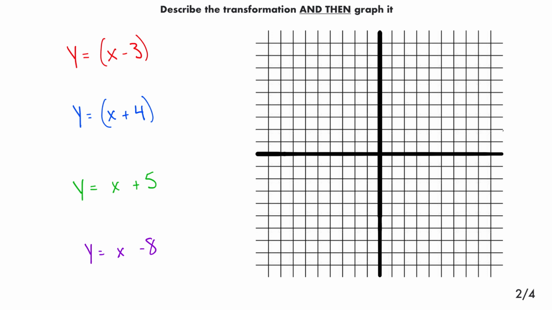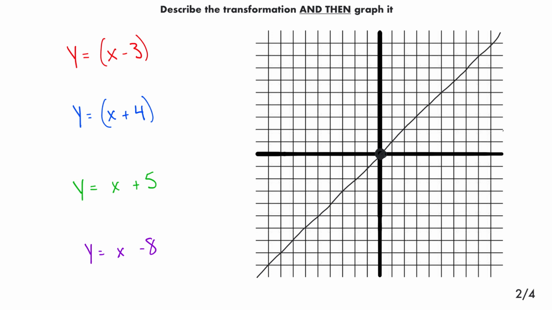All right, these are problems that we have seen already on the previous lesson. Now, before I describe them, I am first going to graph the parent function y equals x, which looks like this, roughly. What we are going to be focusing on is this center dot right in the middle, 0, 0.